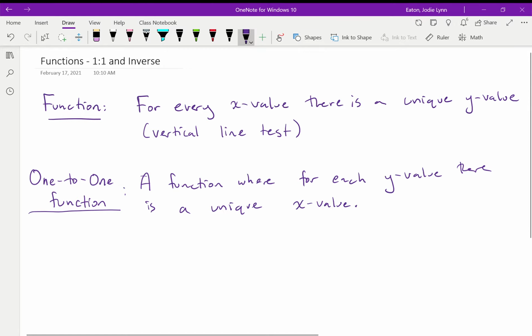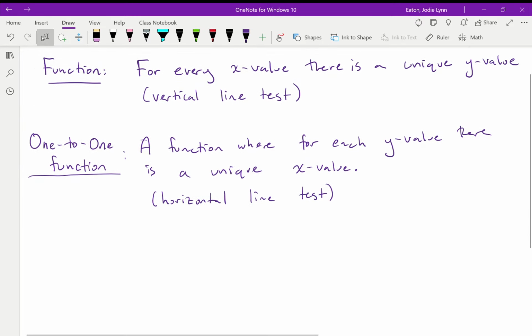So for a one-to-one function, if you knew that y was equal to 4, you would be able to pinpoint exactly which x value had given you that 4, because each x value will give you one unique y value, and a y value that no other x value gives you. So the one-to-one function will also pass the horizontal line test.